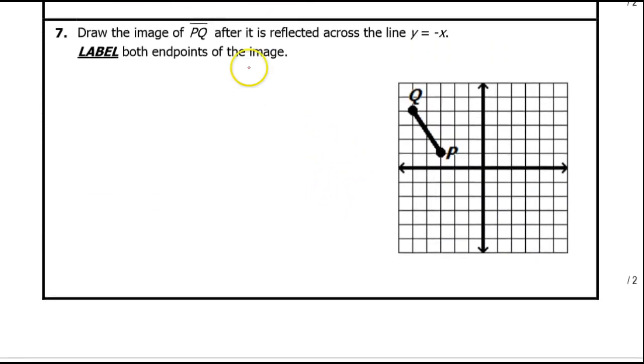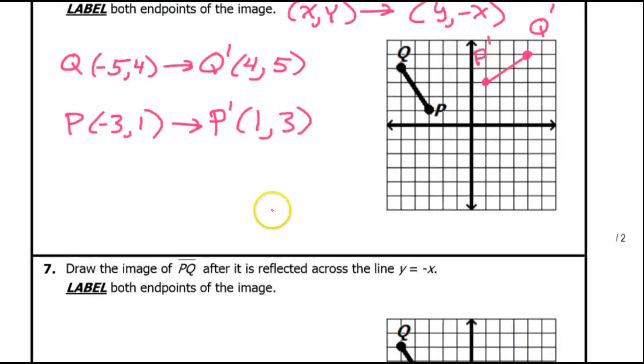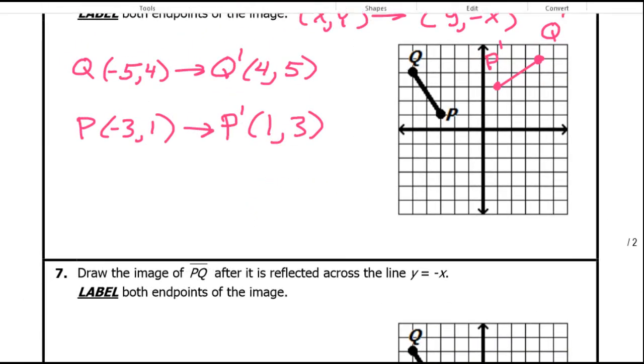All right, number 7. Draw the image of segment PQ after it is reflected across the line y equals opposite of x. So we're going to start off the same as before. This is the same segment, so I'm just going to copy these.